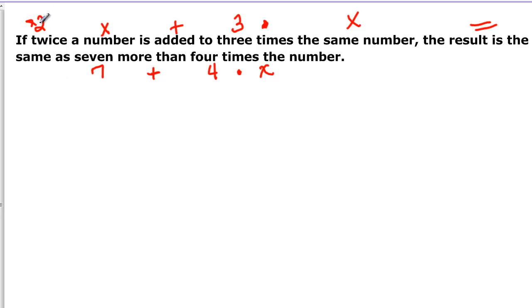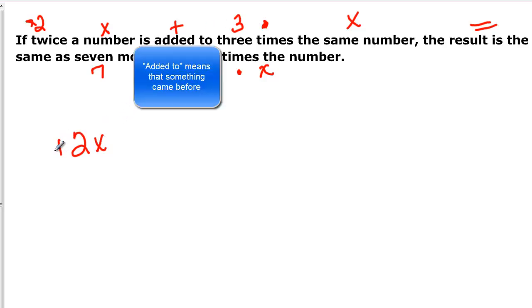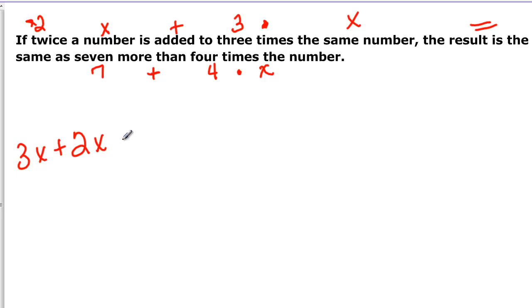But let's try it. Twice a number, that's 2x, is added to, so I have something in before I had my 2x, and that's 3 times the same number, so 3x plus my 2x, the result is equal, the same as 7 more than 4 times the number, so 4 times x.